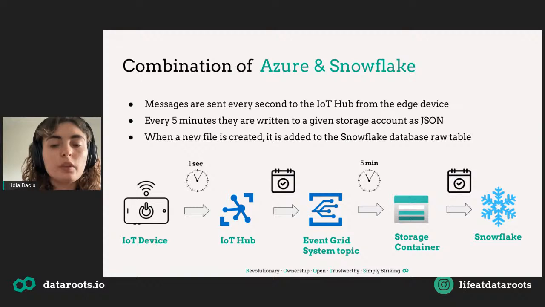This is only for the weather information, so here I'm not talking about the images. When that file is created in the storage account, Snowflake is notified, and it can load the data into a specific table that we are targeting. This will be more clear maybe in a few seconds.